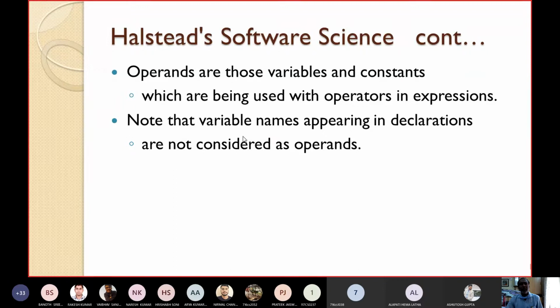Please note that the variable names appearing in declarations are not considered as operands. If you are writing integer ABC, the variable name ABC which appears in the declaration is not considered as an operand.